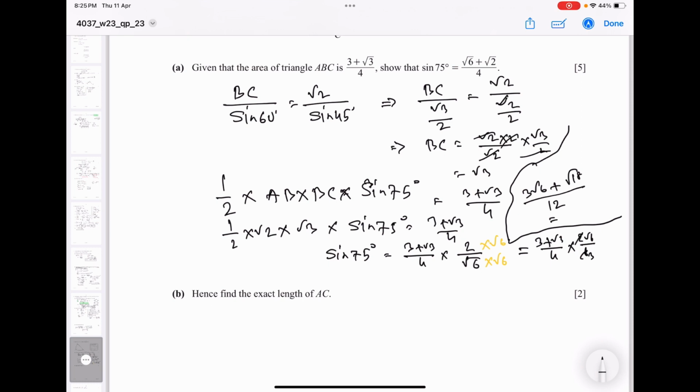Now if we simplify, 9 2s are 18, 3 common, root 6 plus root 2 divided by 12. So final answer is becoming root 6 plus root 2 divided by 4. Okay, this is the final answer. This is the proof.